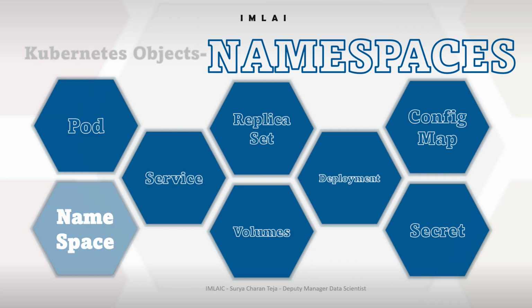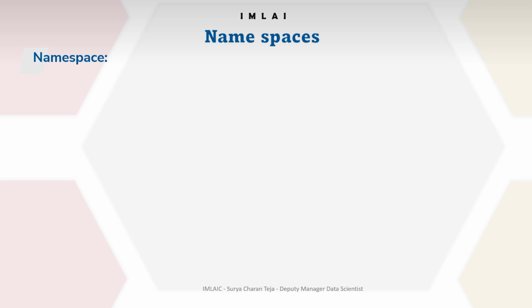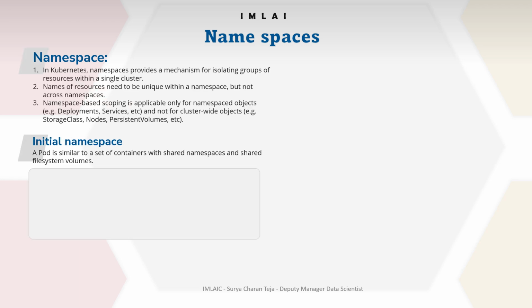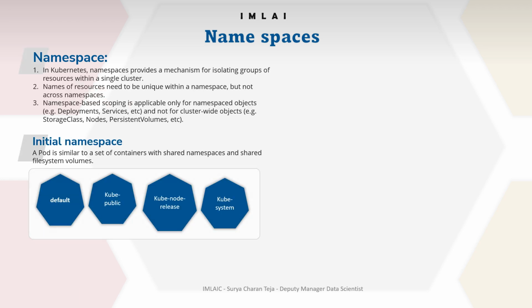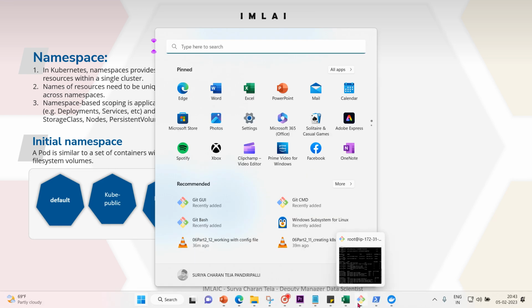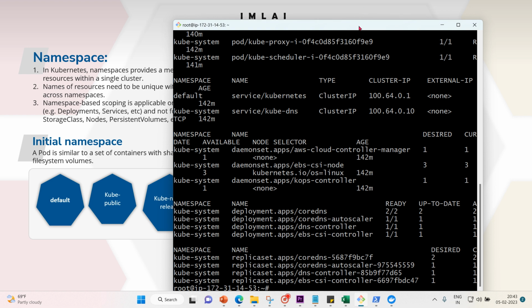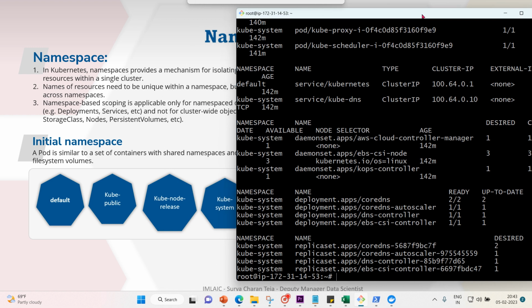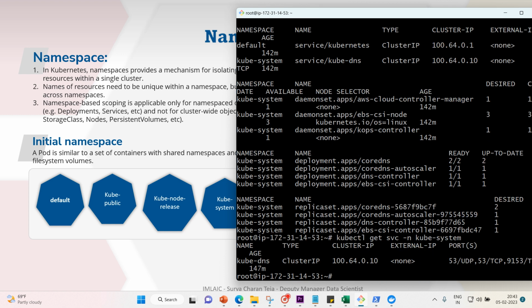So now if we want to see the resources from a specific namespace, we can give only that specific namespace. For example, I want to see from kube-system, because we have seen it, but again we'll see that here. For that, all I'm going to do is kubectl get svc with the namespace -n option, and that is kube-system, and here it is.